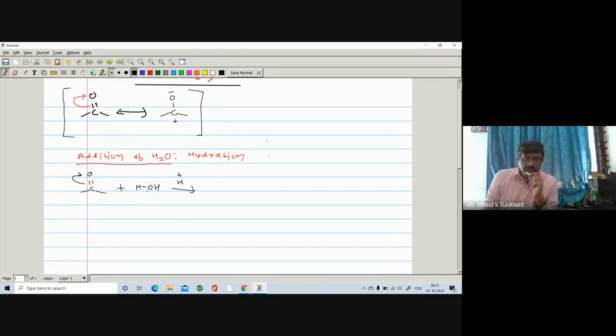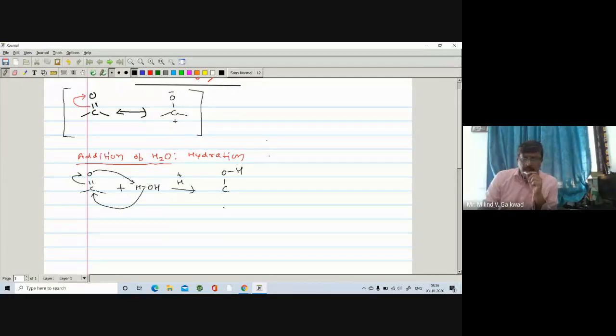So this negative OH will attack this C positive, and O negative will attack this H positive. I can write it like this, or you can write the pi bond opening onto this H positive, and there is a formation of O and H, and there is an attack of OH.